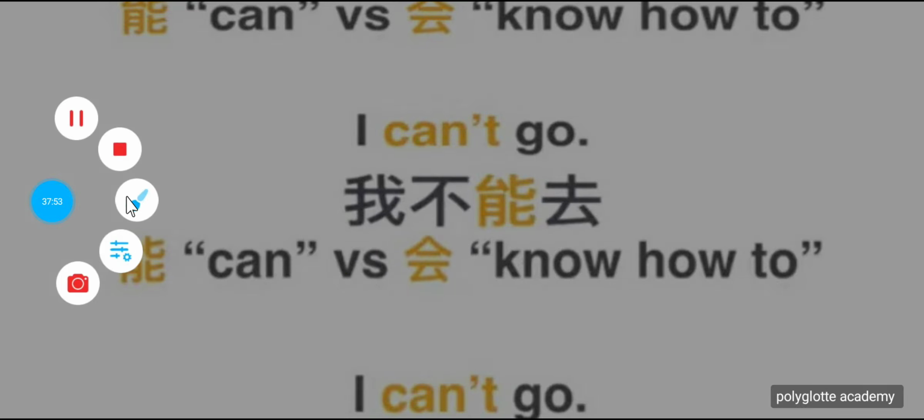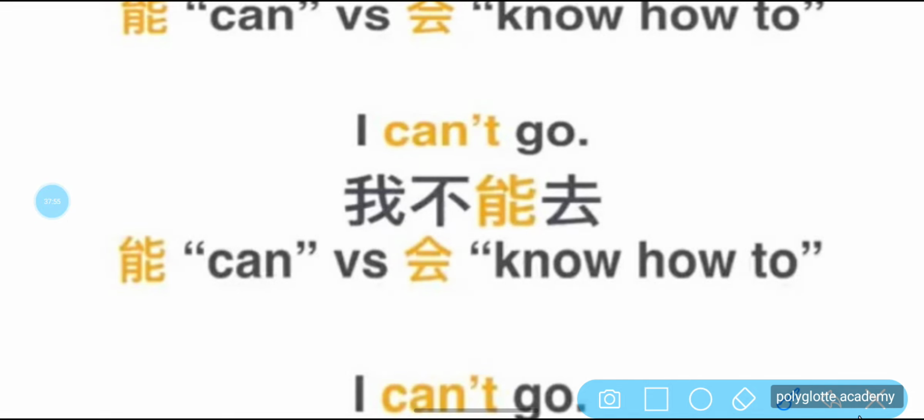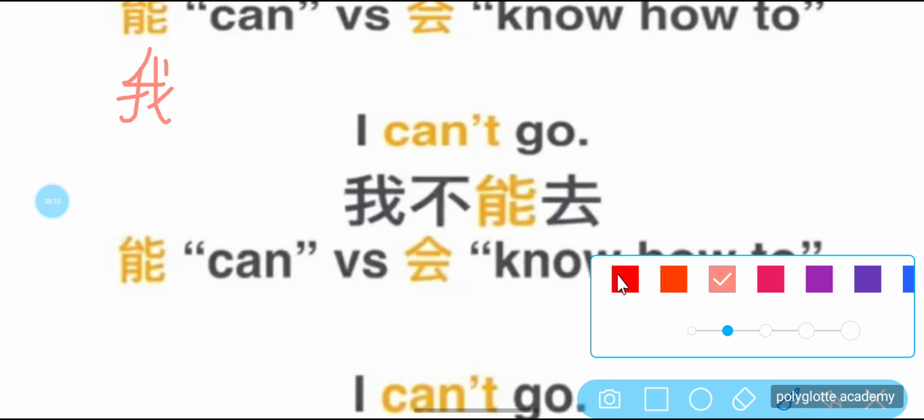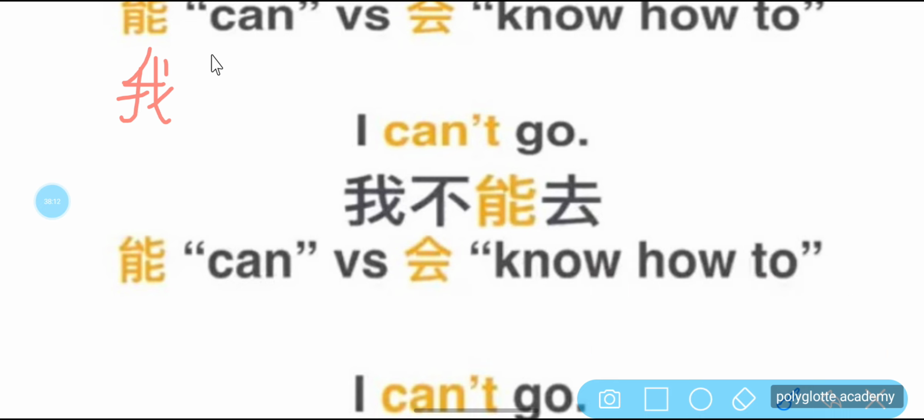So for a complete sentence, we are going to have 我, and the next character there is pu.